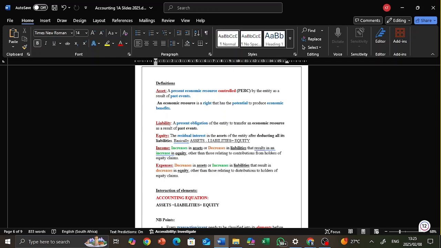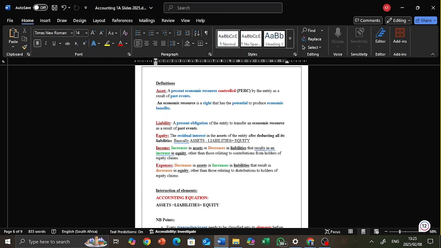So you would say all the assets we have, our money, our machines, land and buildings, that whole value, minus the liabilities we have to pay.